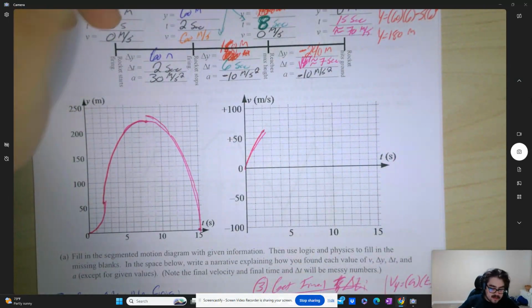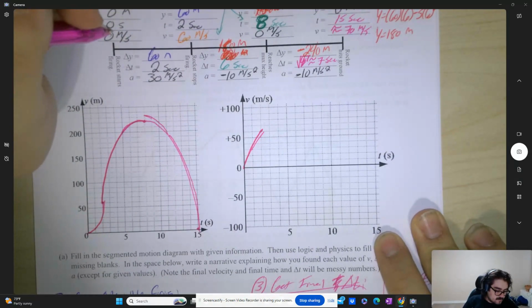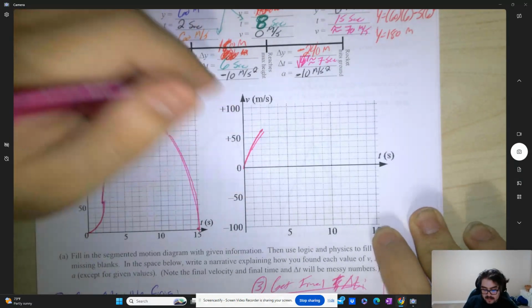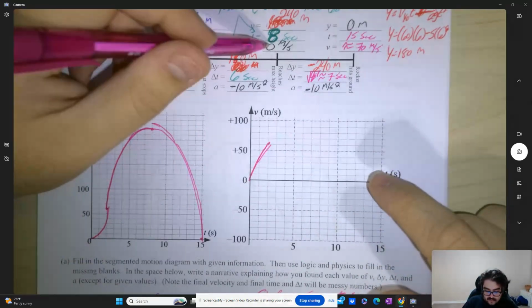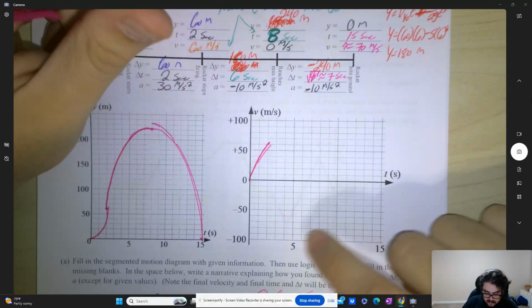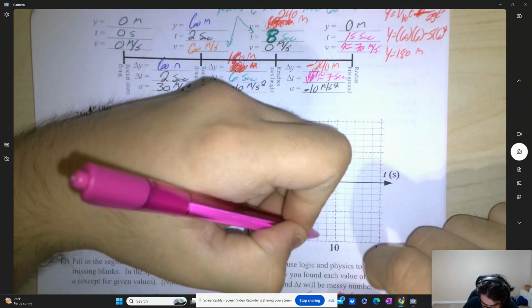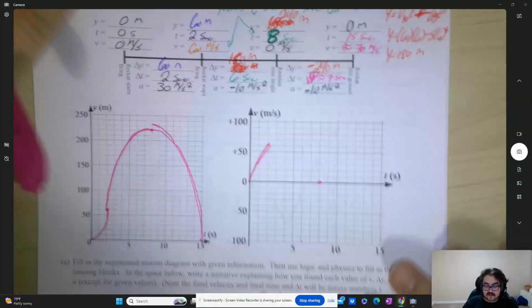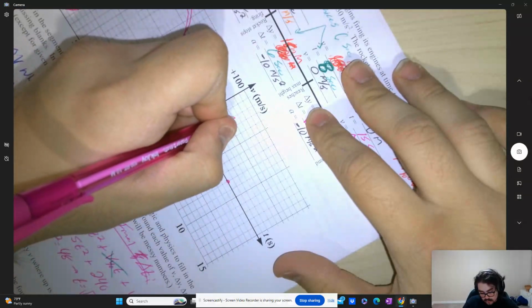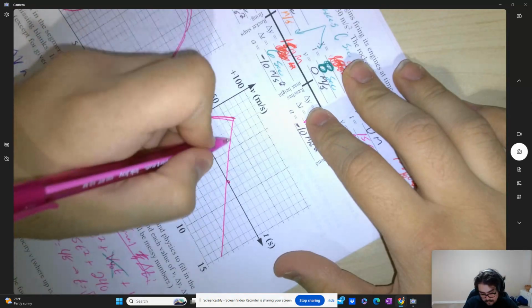Then it should end up at a negative velocity at 10. We just know that it hits 0 velocity at time 8, so 6, 7, 8. So we know it hits right there. And from there, the acceleration is the same, so I'm just going to draw a flat line continuing through. That's fine.